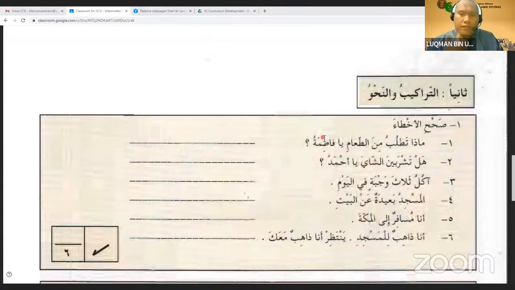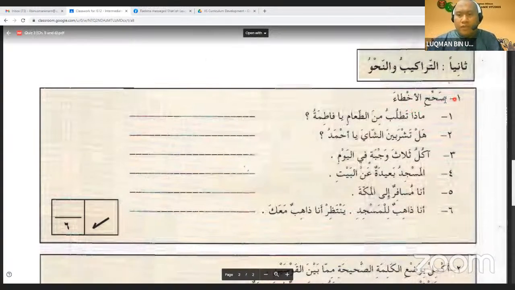Part 2, construction and grammar. Test 1: correct the errors. In each sentence there's an error which makes this sentence grammatically wrong. So you need to find that error and correct it, then rewrite the whole sentence.